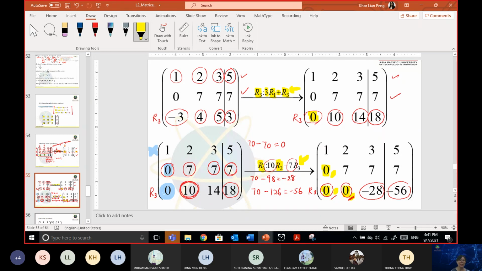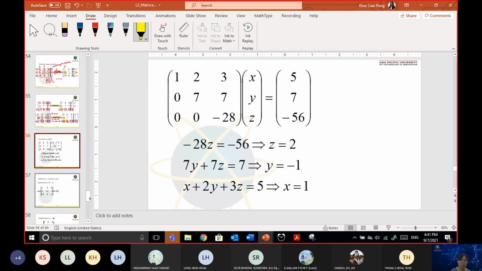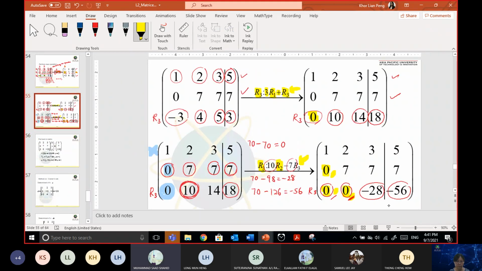Now, what is next? We have two methods for solving row 3. What does it mean by two methods? For example, you solve row 3 by the first method, and secondly you solve row 3 by the second method.